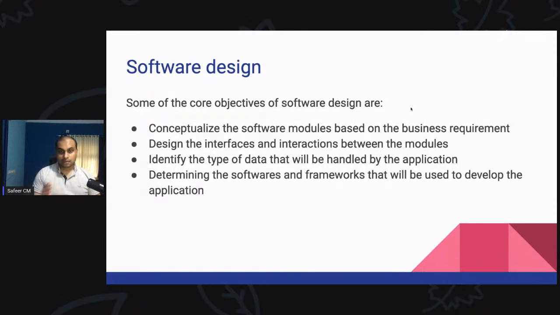Another important part is identifying the data. What kind of data are we dealing with? Is it transient data that's passing through the system, or are we going to store this data, and are we going to convert this data into something else? And also what kind of software languages and frameworks we would use. That also comes under software design.